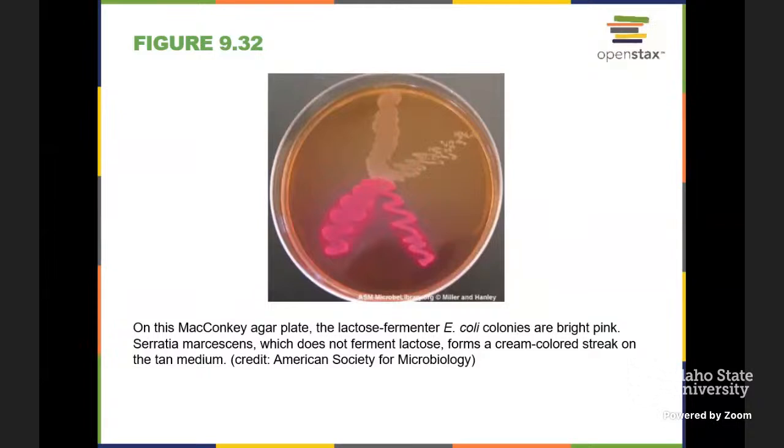All right. So this MacConkey's agar, MacConkey's and EMB, EMB stands for eosin methylene blue. Both of those types of media are used to grow gram-negative bacteria, and they also have some stuff that helps us to differentiate.